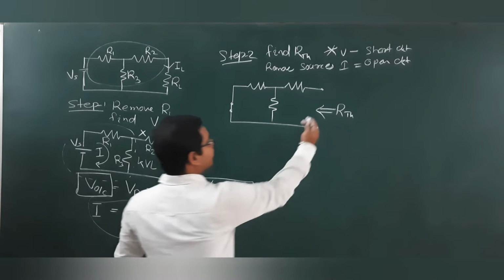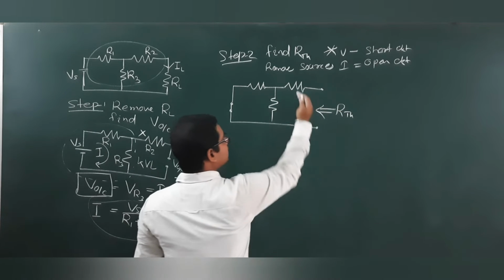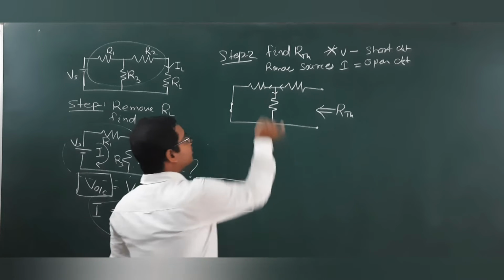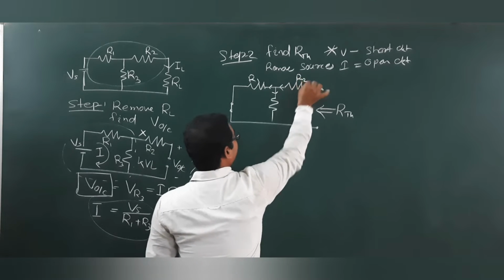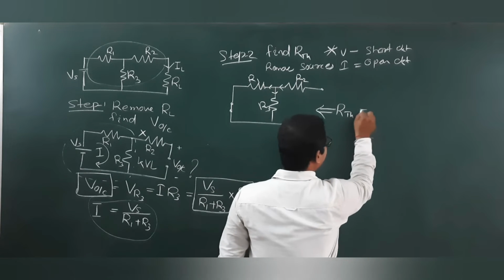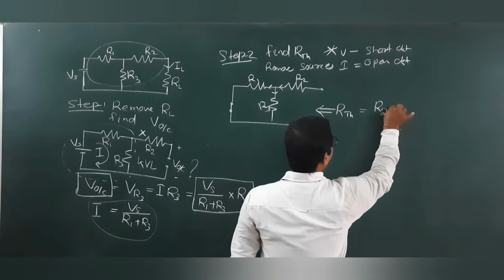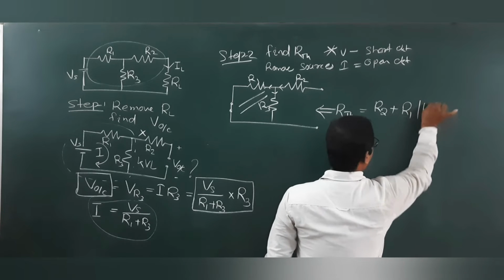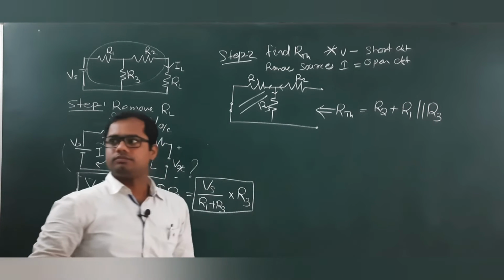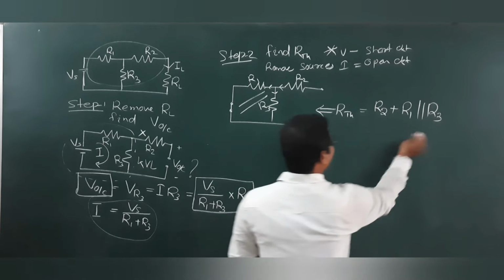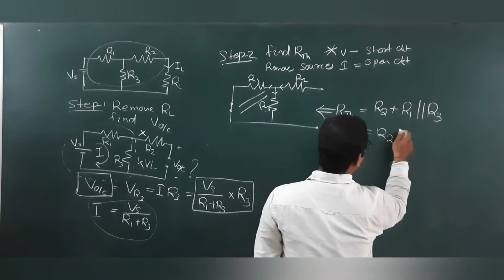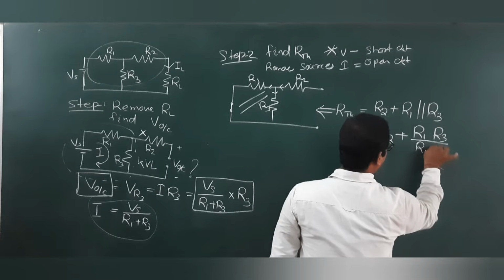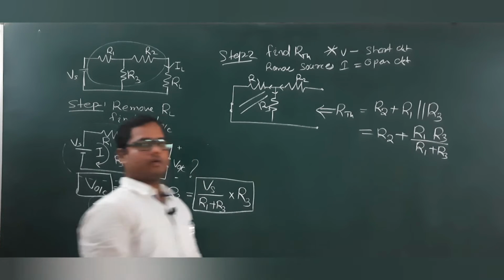If you apply current here, the current gets divided. R1 is present, R2 is there, and this is R3. So your RTH will be R2 plus R1 parallel R3, which is R2 plus R1 into R3 upon R1 plus R3.